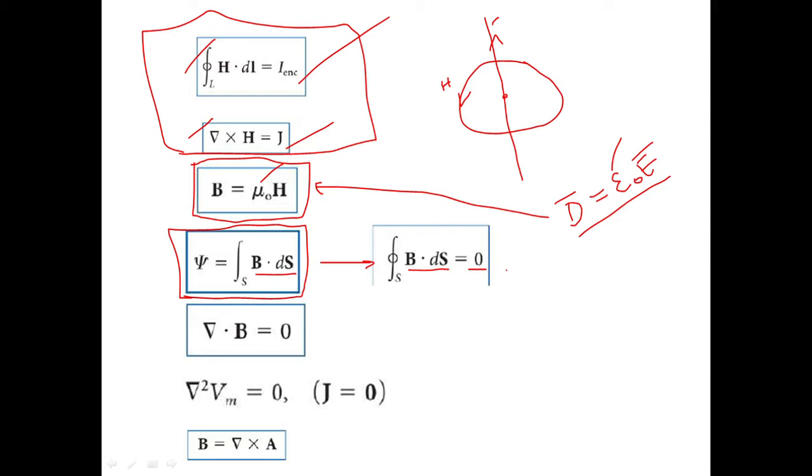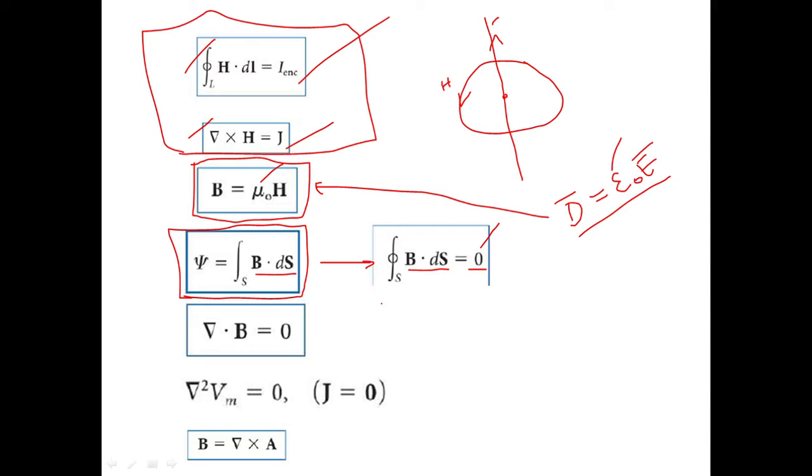Whenever you have a magnet, it will have both north pole and south pole, so you cannot obtain only a single pole, a monopole. So whatever flux is generated from the north pole will terminate on the south pole. So on the whole, when you take the closed integral, it will be 0. That is the meaning of this. Here you have to note that if you want to find the flux, it will not be closed, but over a closed integral the value will be 0.